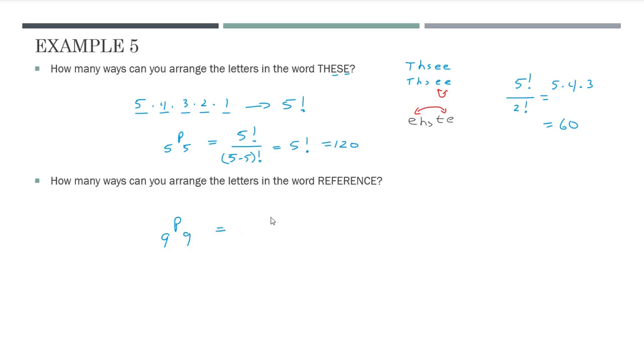So I end up with some kind of factorials. So that should be 9 factorial over 9 minus 9, which is just 0 factorial or 1. Now that isn't the end of this though, because we do have some repeating letters here.